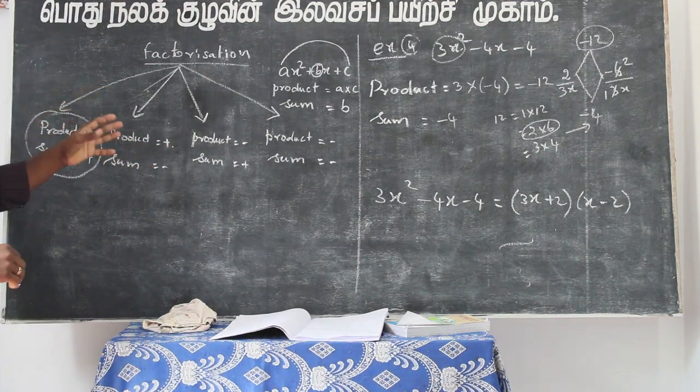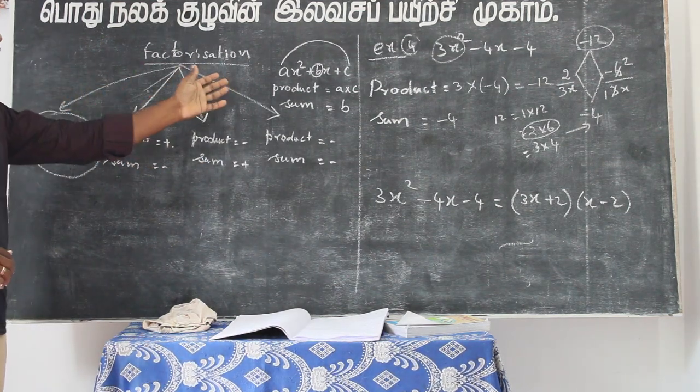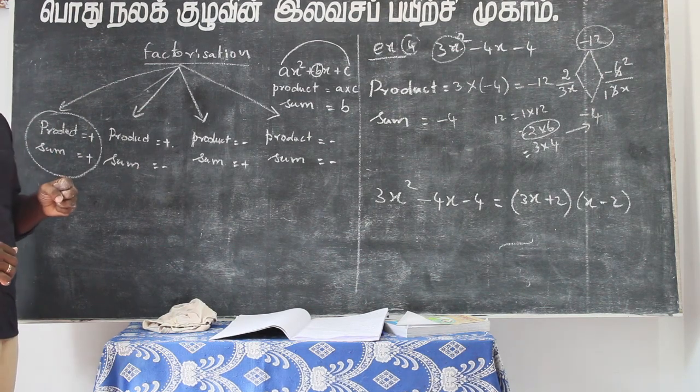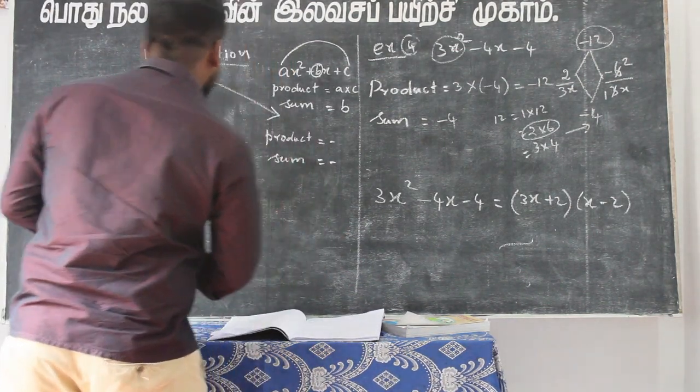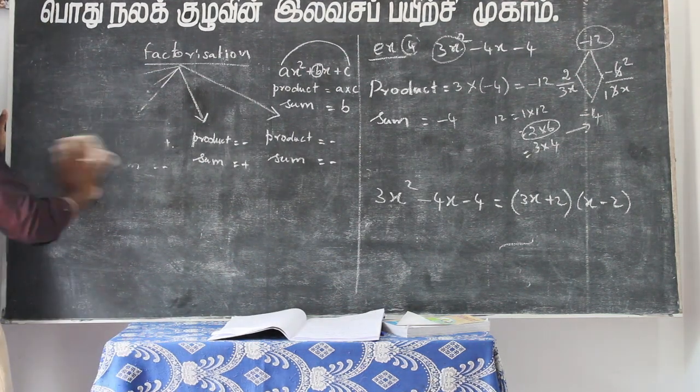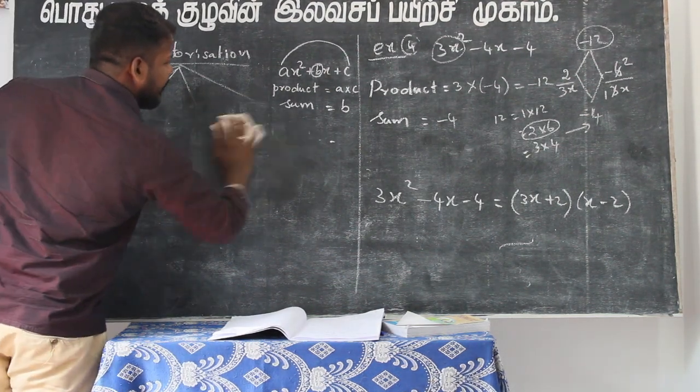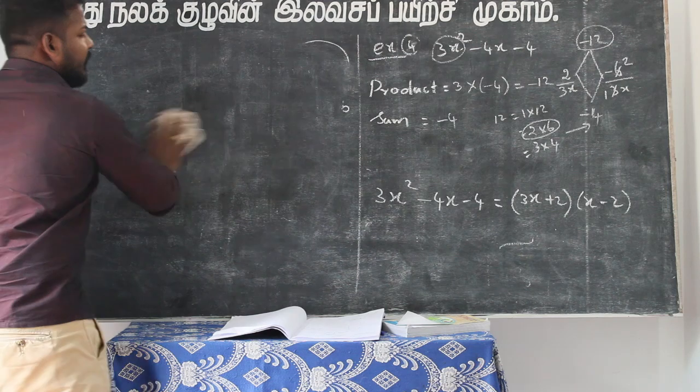We are going to solve the quadratic polynomial using factorization. Okay. Next section we are going to see the relation between zeros and the coefficients.